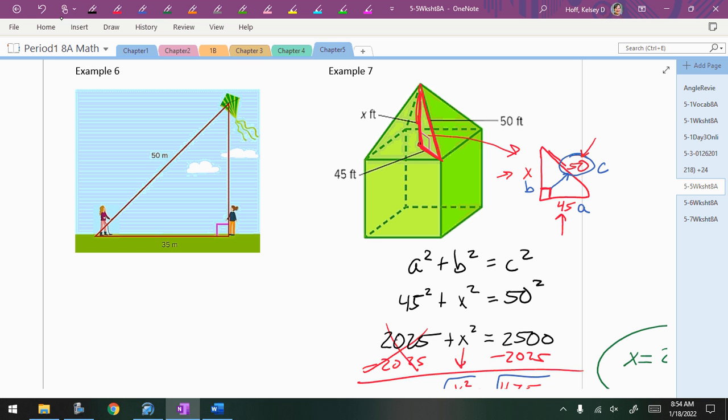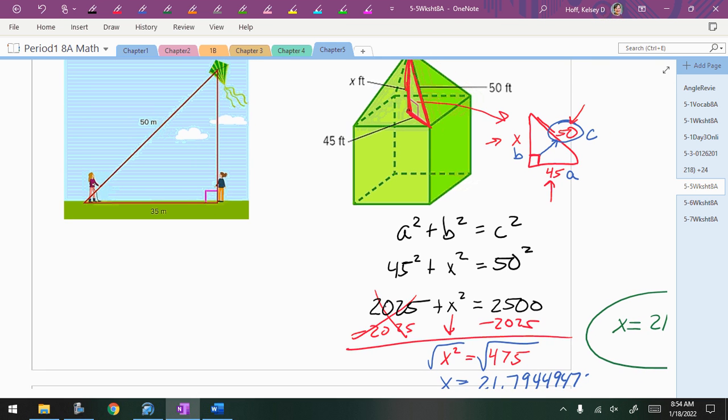Make sure you're writing this equation out. Some of you are trying to take a shortcut. Write this whole thing out so that you remember what you're doing. It's back to that chapter 2, solving equations.